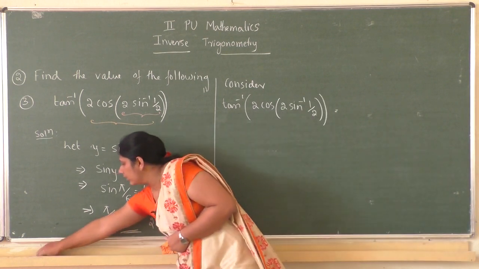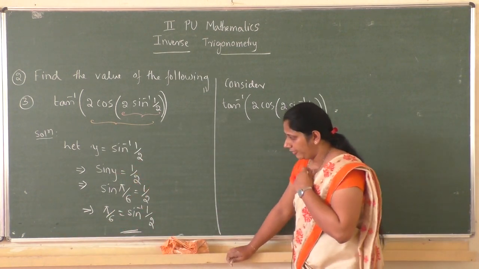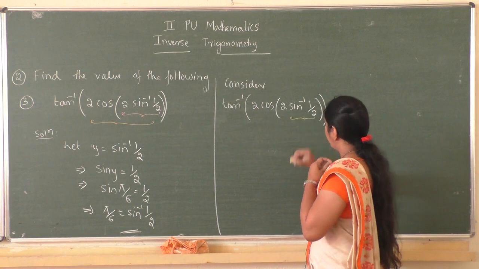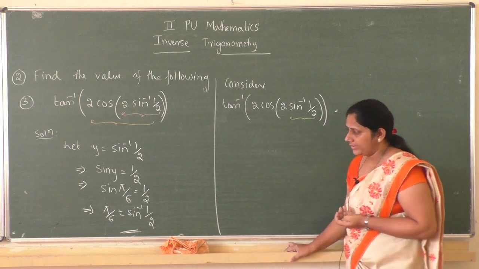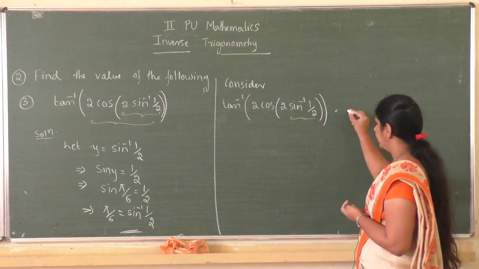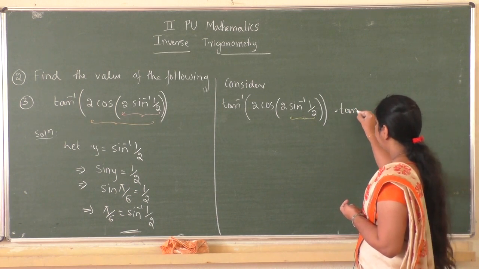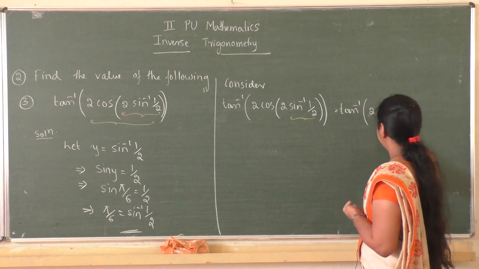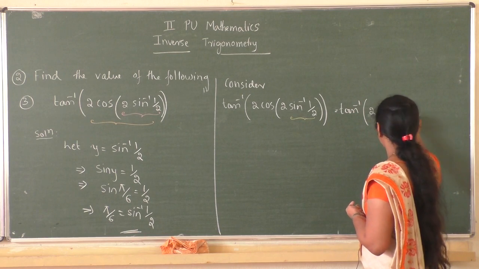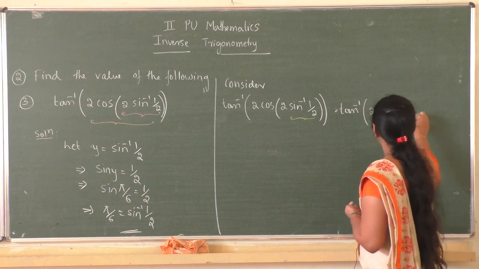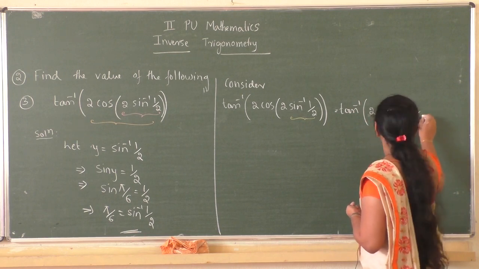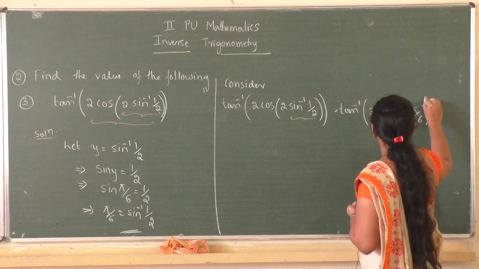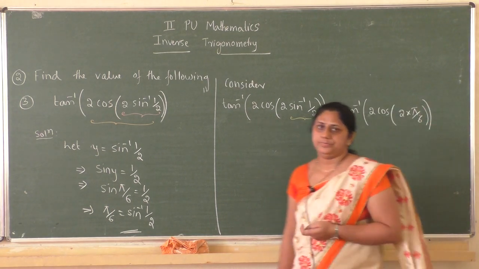In the place of sine inverse half we can write pi by 6. So it is the same as tan inverse of 2 cos of 2 into pi by 6. Now close the bracket.